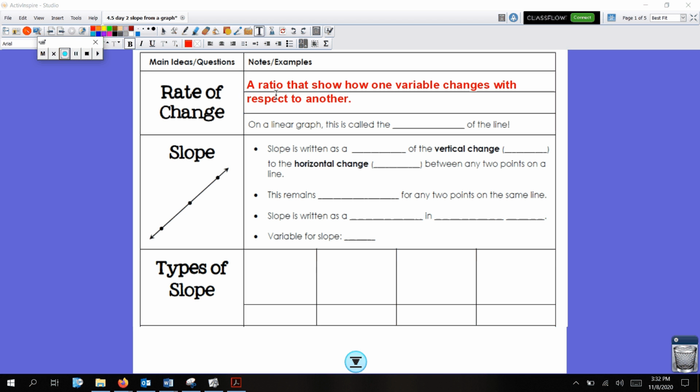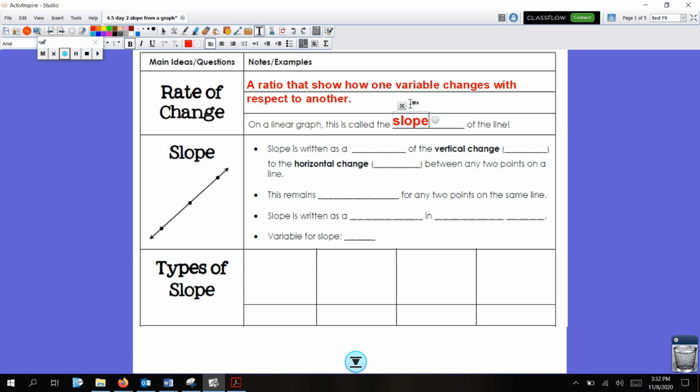It's a ratio that shows how one variable changes with respect to another. Now remember, a ratio is a fraction, okay? So on a linear graph, this is called the slope. The slope of the line.